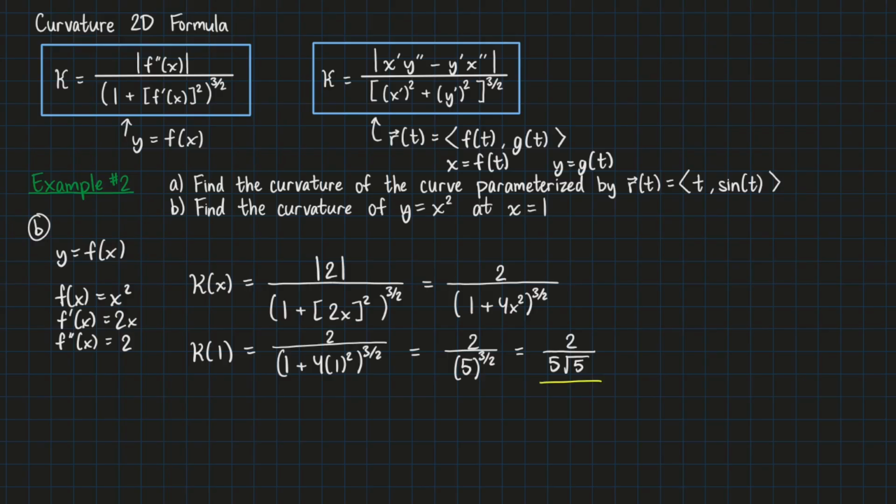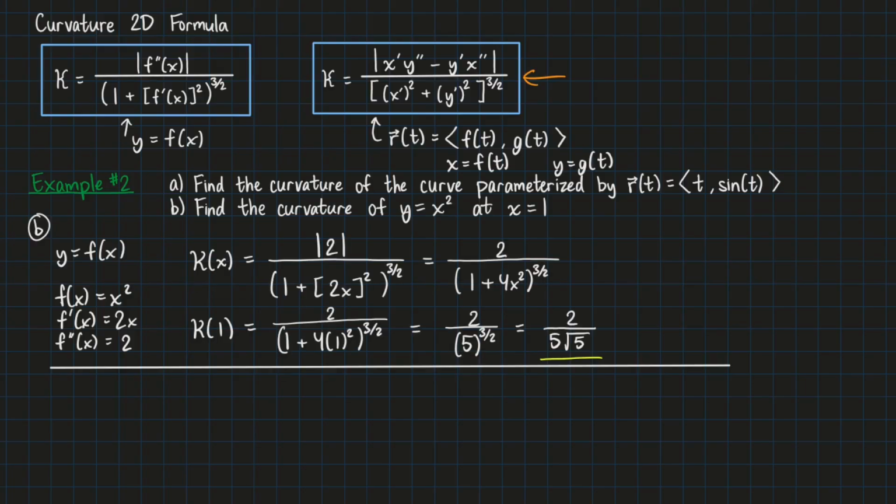For part B, we are given y as a function of x, but we can parameterize that and use the equation on the right if we want. Since y is a function of x, we can parameterize this by setting x equal to t, and this would mean y equals t squared. If we want to use the second equation, we'll need to get x prime, x double prime, y prime, and y double prime.